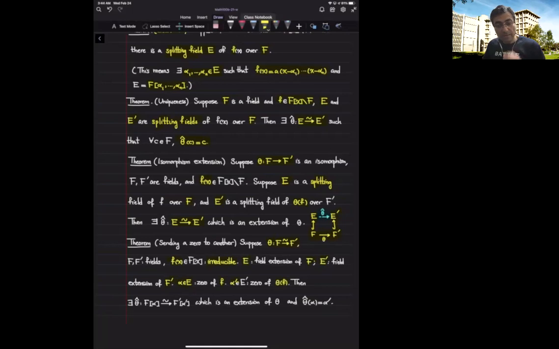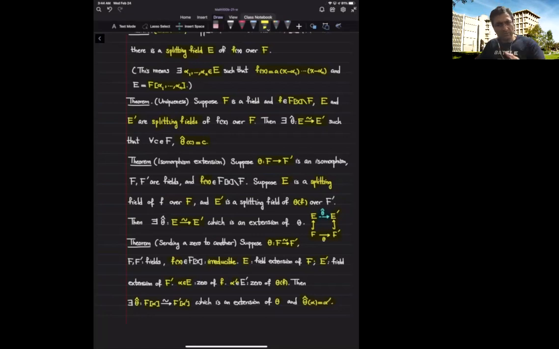In that case, the field F bracket alpha is indeed isomorphic to the field F prime bracket alpha prime. Moreover, I can find some isomorphism that's an extension of theta, which means it is compatible with theta if I feed it an element inside the field F, and theta hat sends the first zero alpha to the next zero alpha prime.